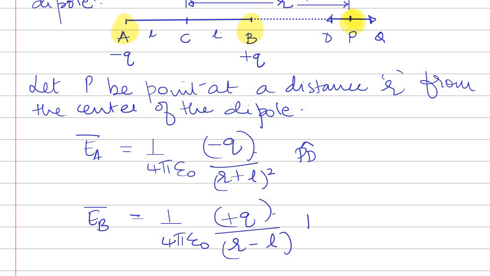And then of course my unit vector PQ cap. Now my net resultant field at P on the axis due to the dipole is going to be EB bar plus EA bar.